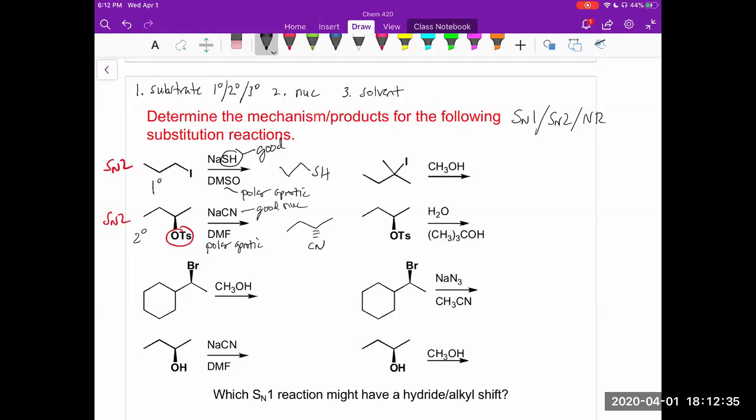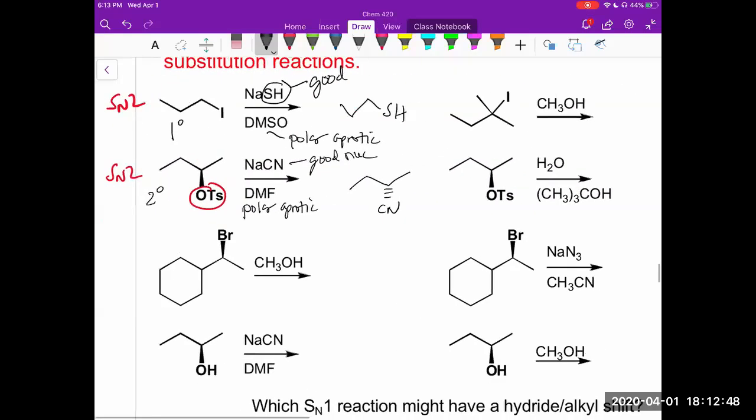Okay. Now the next one, let's just do the mechanism. As far as the product goes, I'm going to give it to you, and we're going to do that mechanism in lab when we do rearrangements. But I think you can tell what the mechanism's going to be. You have a good leaving group.